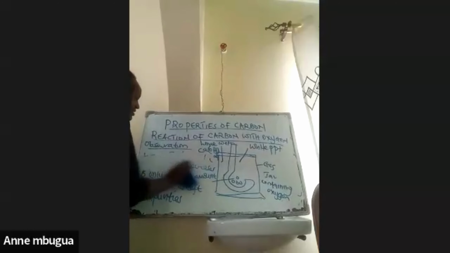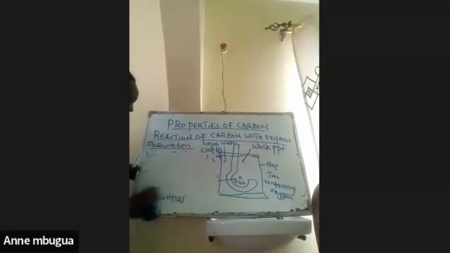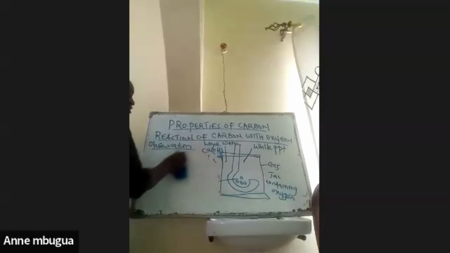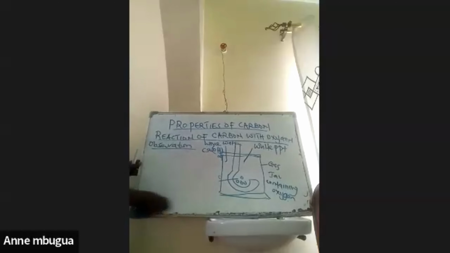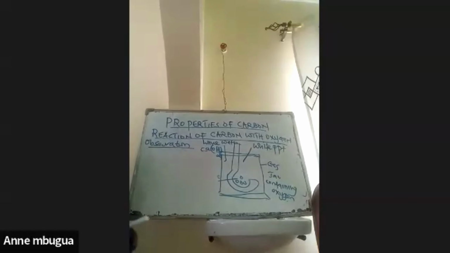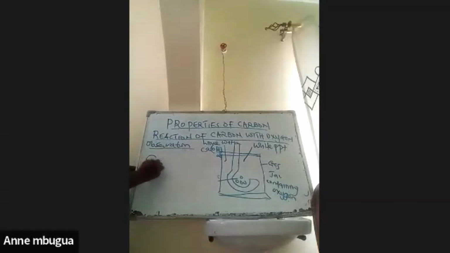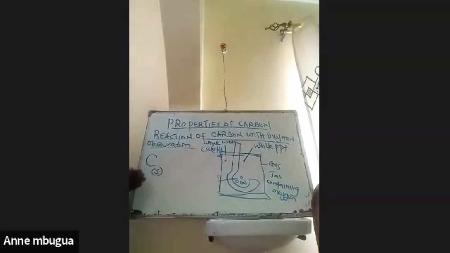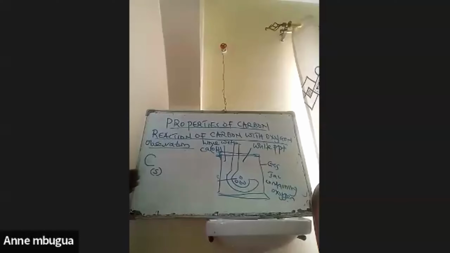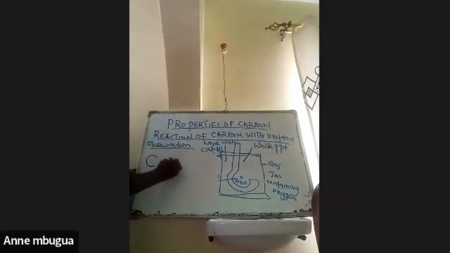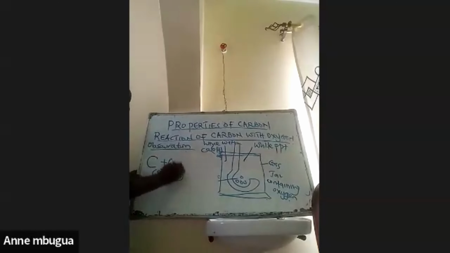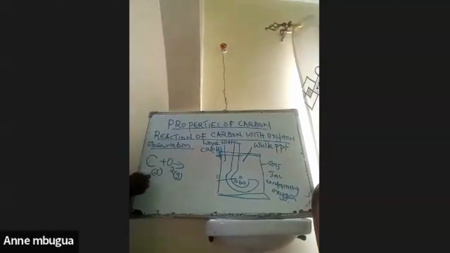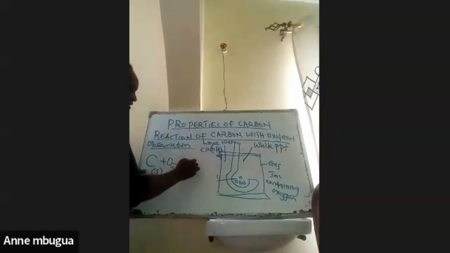The examiner may still tell you to write the chemical equation for the reaction that takes place in the gas jar. We have our charcoal, which is carbon, an impure form of carbon, burning in oxygen, which is a gas, and it is in excess oxygen.